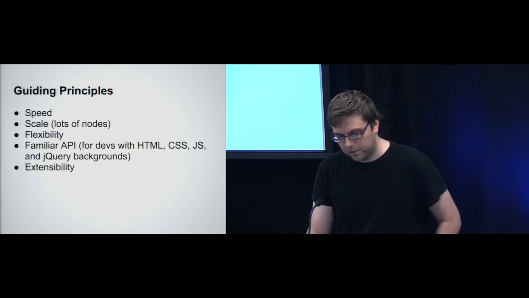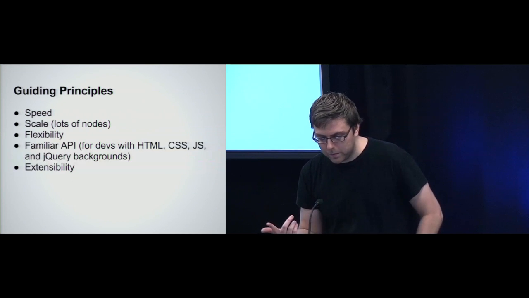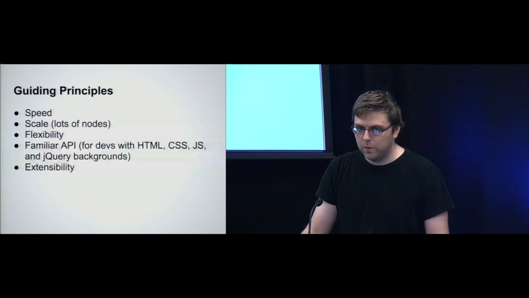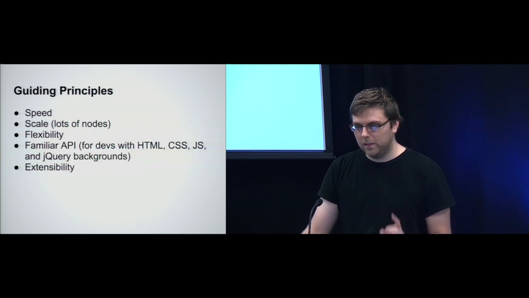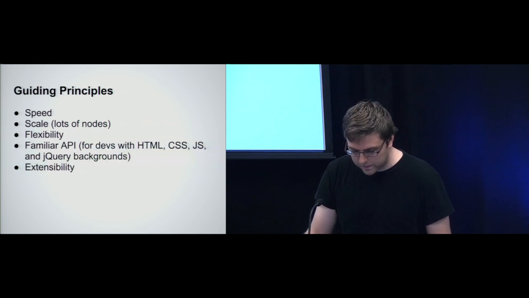So, guiding principles. To let you know where my head has been when creating this: speed is absolutely the most important thing for me. In fact, I've made it a point to include at least one big performance improvement with each release. So technically, Kinetic.js gets faster and faster with each release. I refuse to let it plateau or get slower. Speed is critical for me, and it has gotten a lot faster.